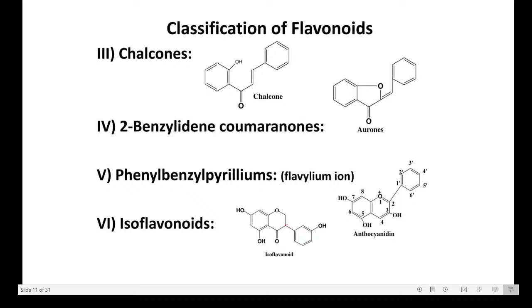And another thing is phenylbenzopyrylium, the anthocyanin. This contains anthocyanin, a widely researched compound, and isoflavonoids. Okay, these are all the classifications of flavonoids.